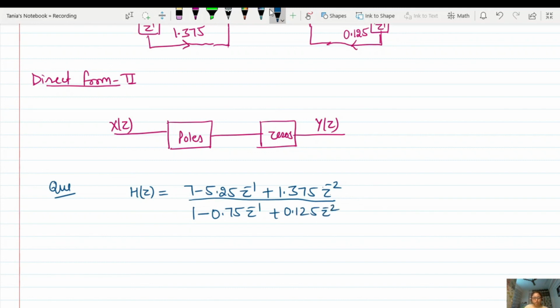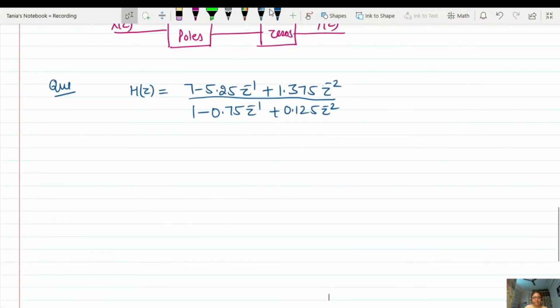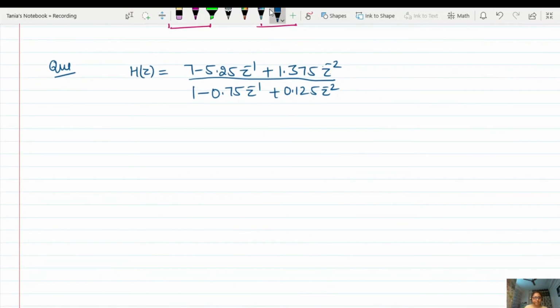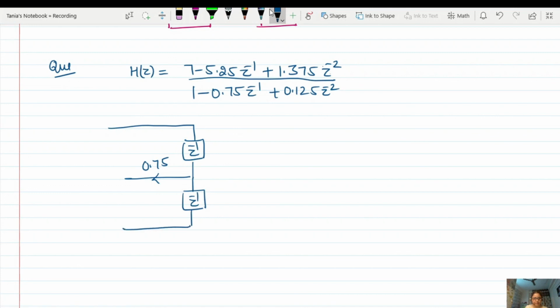If we want to realize the system in direct form 2, then firstly we realize the poles. We put the z inverse over here, coefficient 0.75, and then z inverse, put the coefficient over here minus 0.125, then adder.